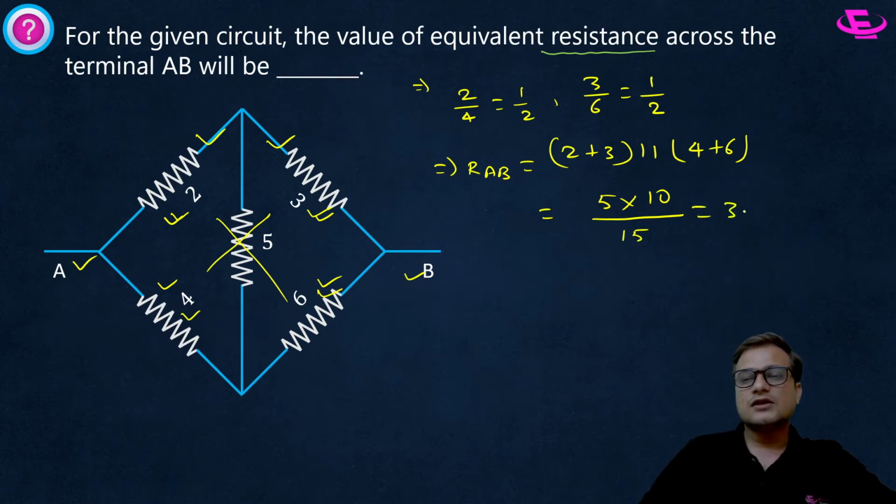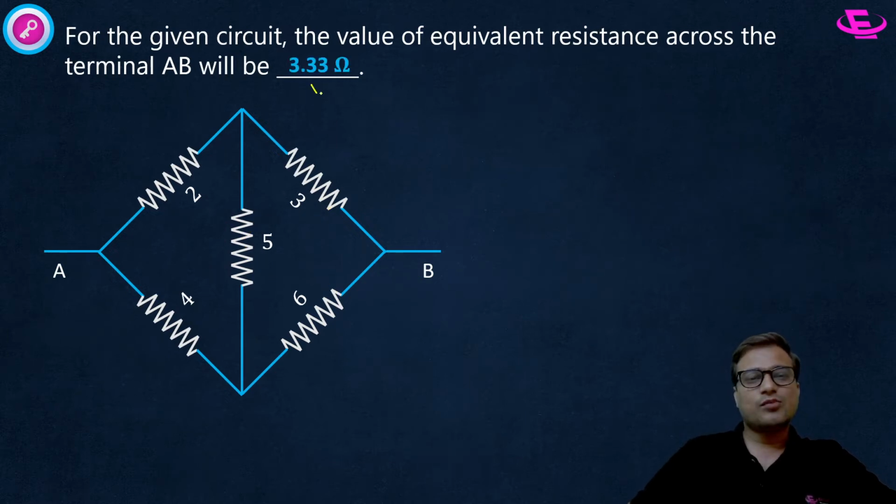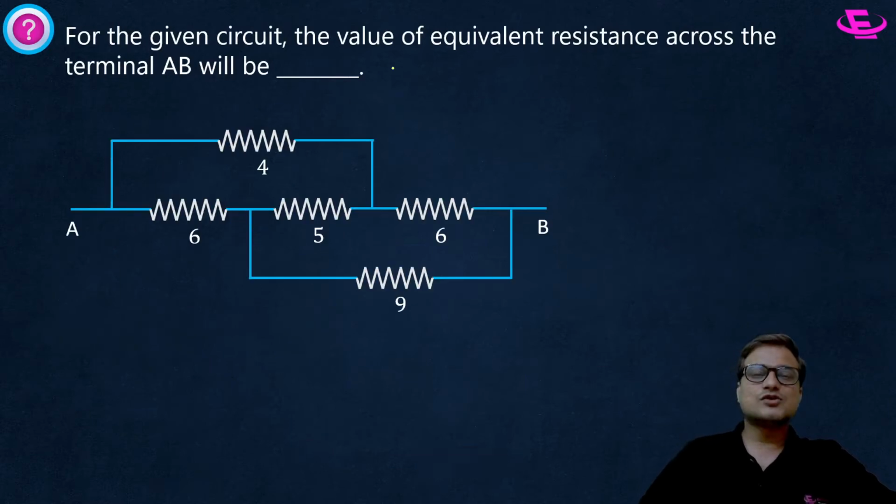It is coming to 3.33 ohm. This is the value of the equivalent resistance across the terminal AB. So this is the answer, 3.33 ohm. You can see how easily you can get the equivalent resistance for a balanced Wheatstone bridge. Now the next question is given to you.